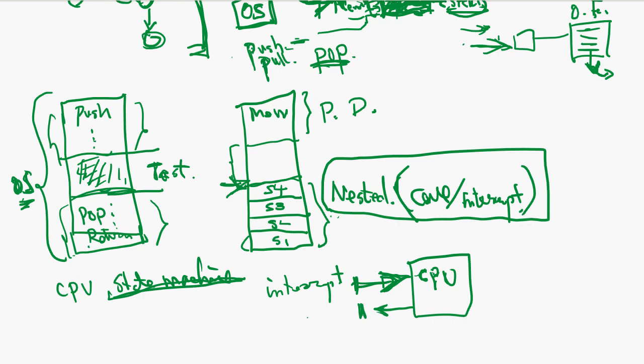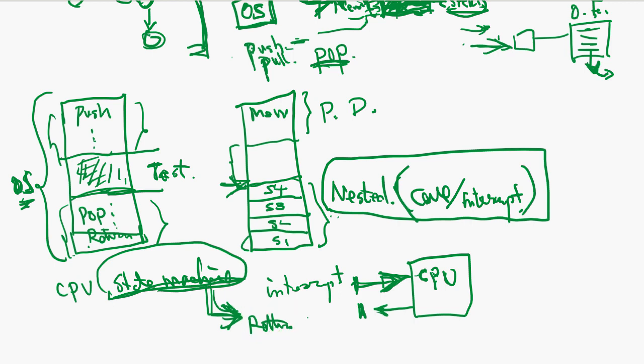Now, the state machine can do that to create a stack and return. Okay, but the return instruction also invokes the state machine.